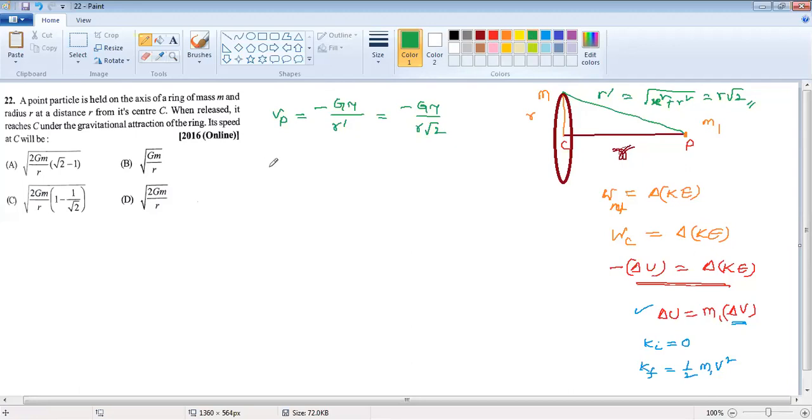Now what is the potential at the center? The potential at the center is nothing but minus GM by r. Now we can approach this numerical.